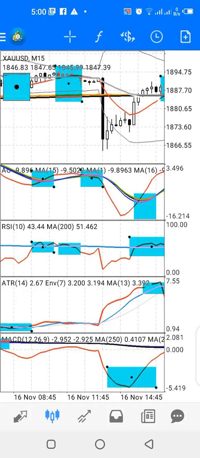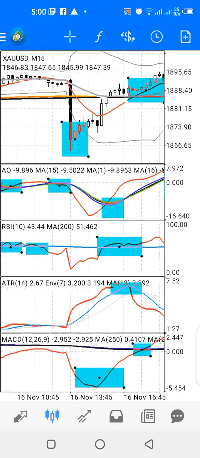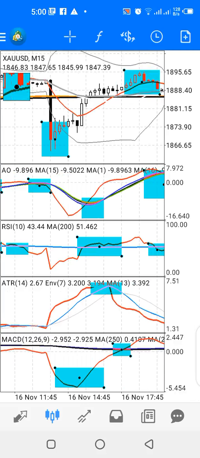Is this going to be our impulsive wave or a retracement? Or from here to here, is it going to be our retracement or our impulsive wave? So that's the essence of indicator window 3. The crossing on indicator window 3 does not align with the other windows some of the time.